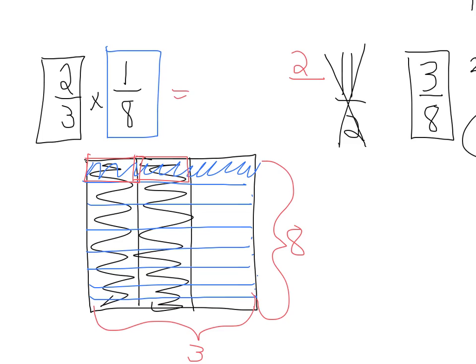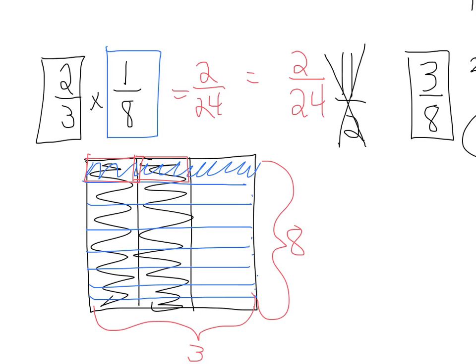Good, so you can treat it like an array. 8 times 3 is 24. So you get the answer of 2/24. Do you see how that works? Multiply across the top, multiply across the bottom. Does it match what we got for our drawing? So that's why when you multiply fractions, you get a smaller number, because you're just looking at what overlaps.